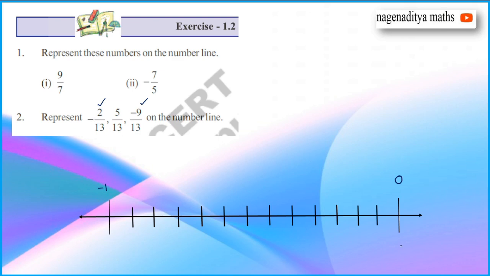So here we write 0 as 0/13, which is nothing but 0.